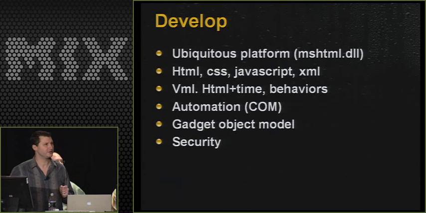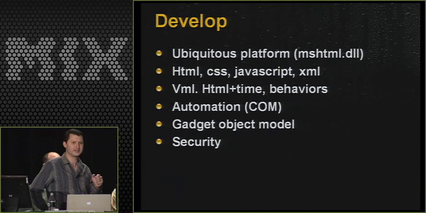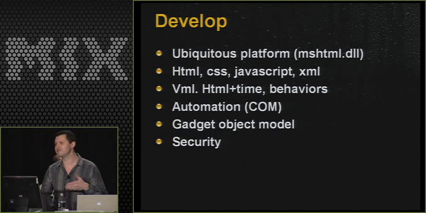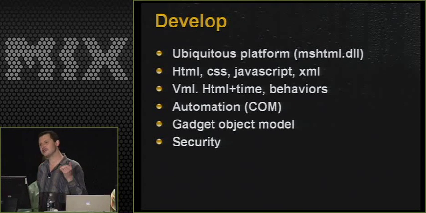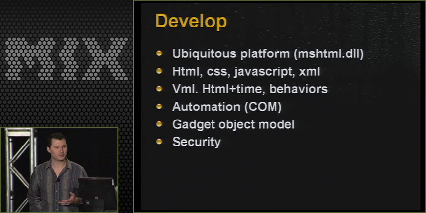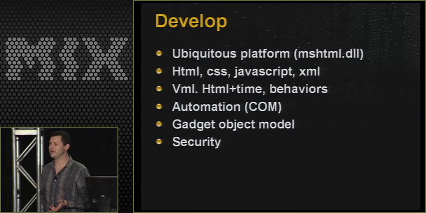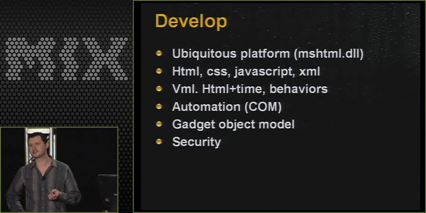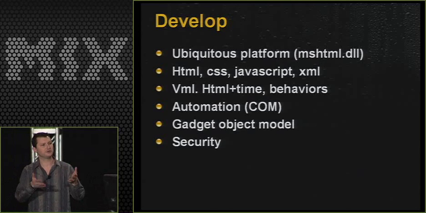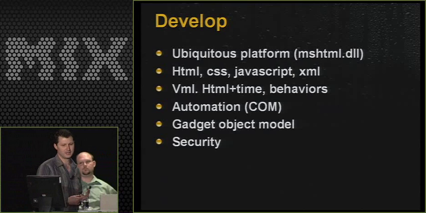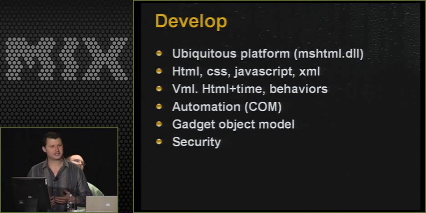As I mentioned earlier, you can do cool animations and things like VML or DX transforms to add another level of richness to your gadgets. And you can go down to the metal, because we do support automation and COM. But we hope that you won't have to go down to the metal, because we want to make it easier than that. We want to expose a rich set of functionality that we think you'll need to build a gadget that interacts and takes advantage of Windows features through our gadget object model. And last, we have a security model.